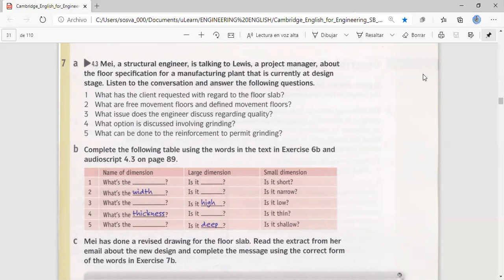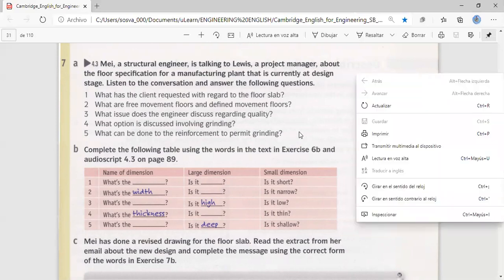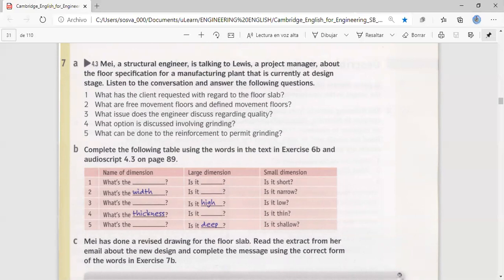That's why the first question asks you to know the specifications that the client requests for the floor. As it's a new factory, actually a manufacturing plant, they might need some specifications in the floor. So you have to get those points, okay?